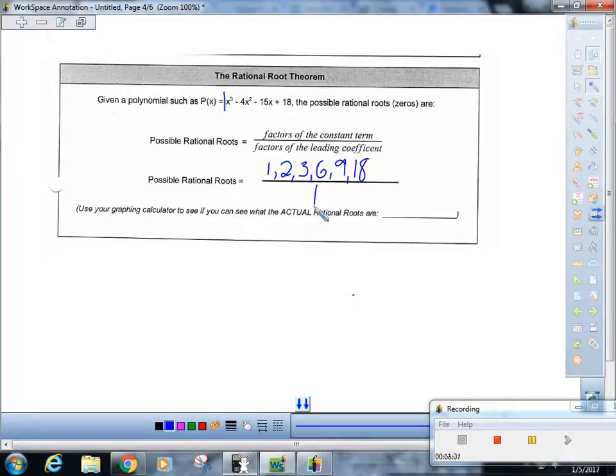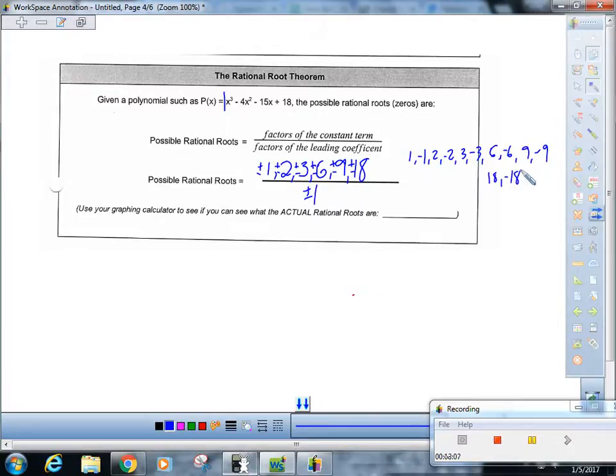But unfortunately, all of these could be plus or minus. So the possible rational roots are 1, -1, 2, -2, 3, -3, 6, -6, 9, -9, 18, and -18.